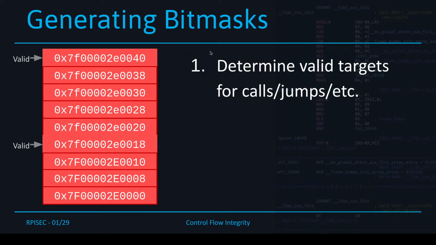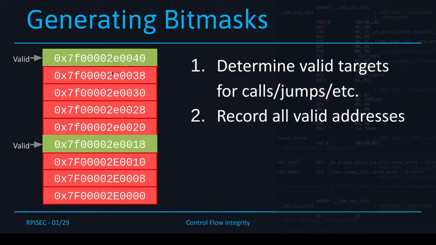So the way that we generate these bitmasks is actually pretty straightforward. It's pretty intuitive. Basically, we're going to take a list of all of these addresses, and as we're compiling that program, every time we come across a jump instruction, or a call instruction, or anything like that, we're just going to take a little note, and say, okay, this address is valid, but this one is invalid.